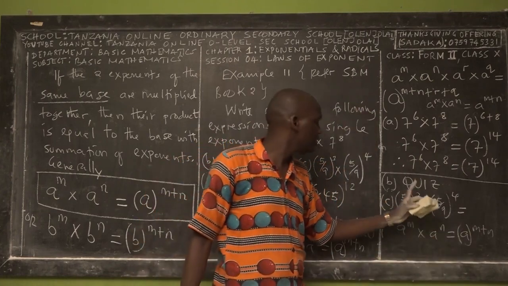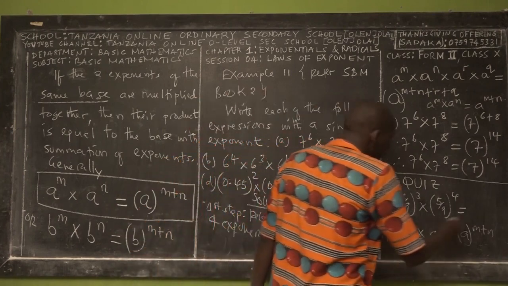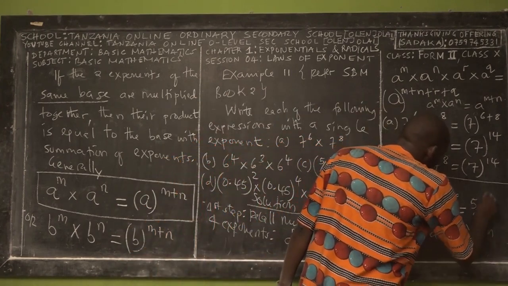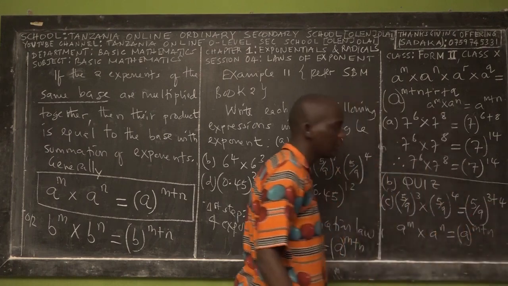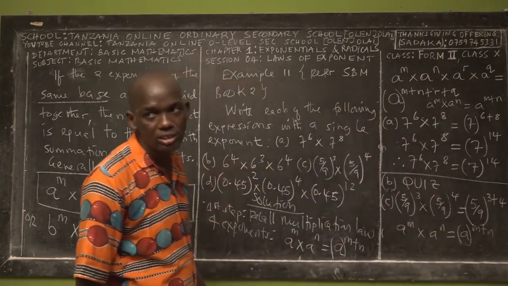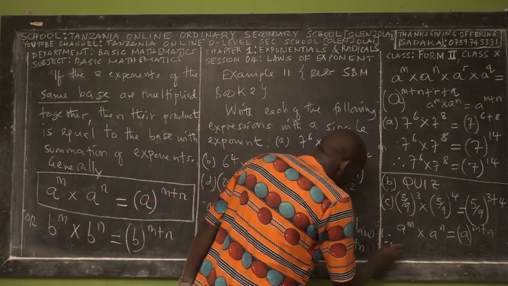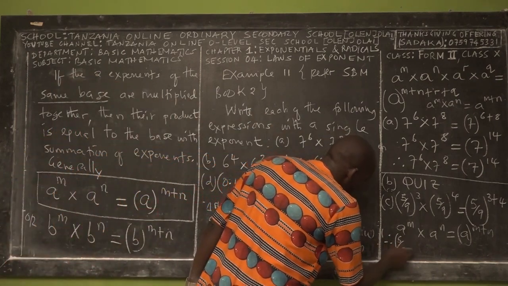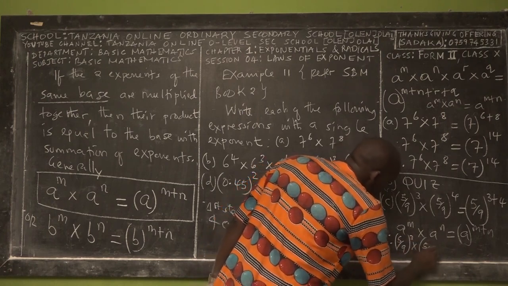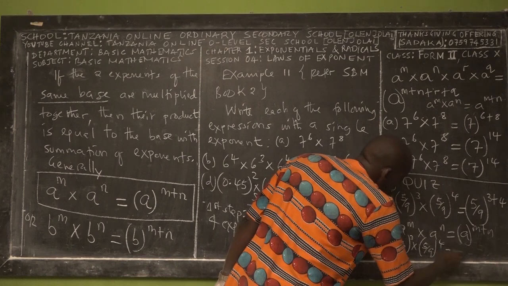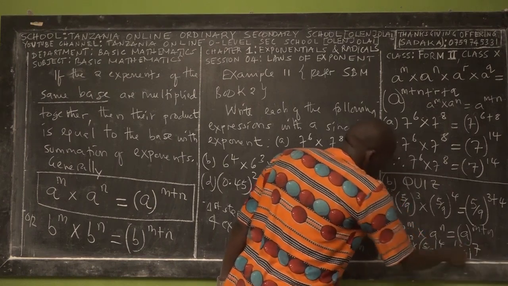What are the exponents? 3 and 4. According to the law, they have the same base, so we have 5 over 9, then 3 plus 4, which is equal to 7. So to write this as a single exponent, 5 over 9 power 3 times 5 over 9 power 4, the answer is equal to 5 over 9 power 7.